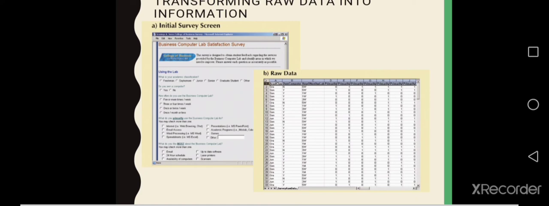On the second picture, based on the initial survey, we can come up with raw data. From the individual surveys, we can create a table or a summary of those individual data.